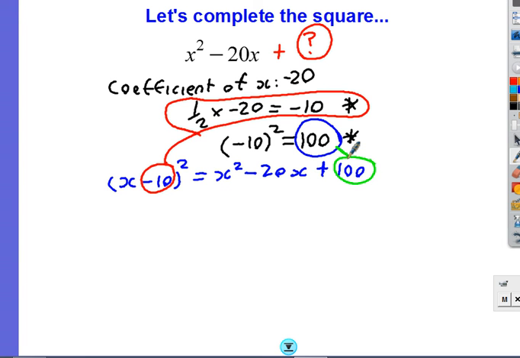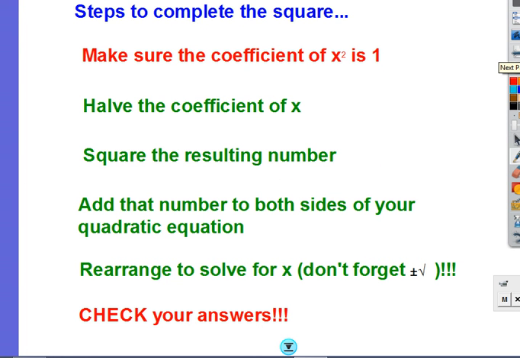So the next thing I suggest is maybe pause the video, write that example down, and then if you don't quite get that yet, there are a few more steps here first. So you might want to pause the video and write these steps down. These are actually the full set of steps.